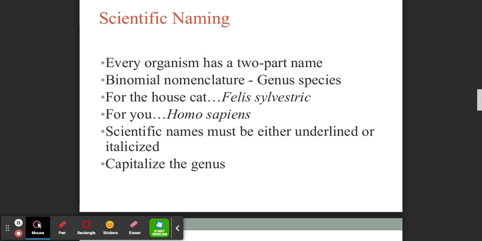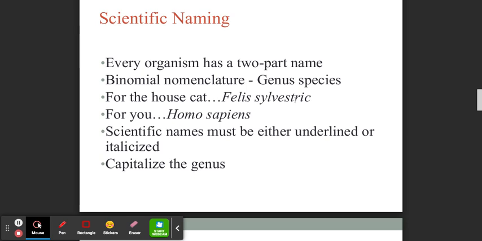You can underline it, but they prefer italics. So it's going to be Felis sylvestris, with Felis capitalized, sylvestris lowercase, all italics, and you have to make sure it's two separate words. It's the feline and then the actual species within that group, the different types of house cats that we have.